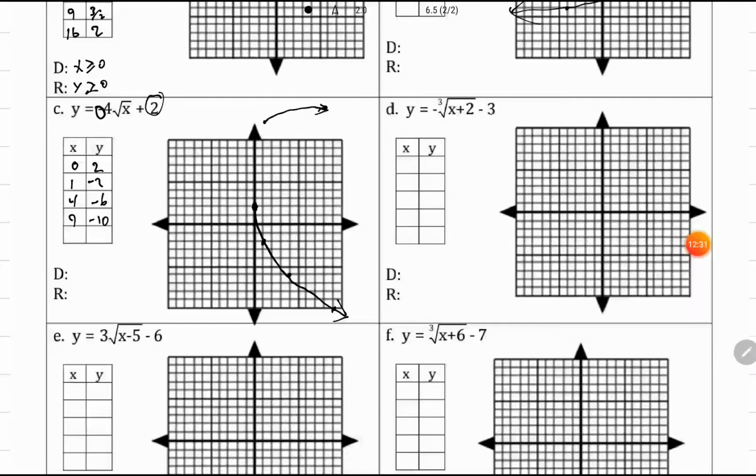Okay, part D. Horizontal shift of left 2, down 3. So we're going to start at negative 2, negative 3.